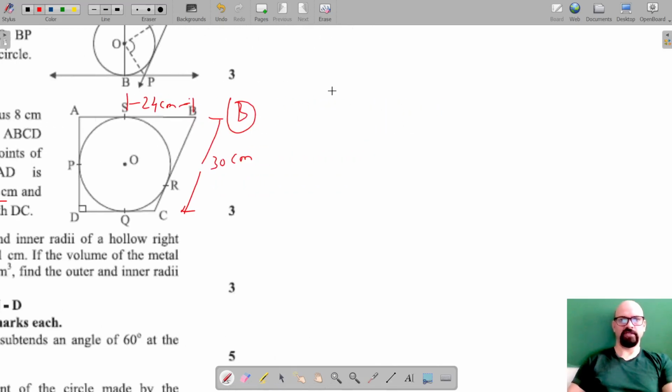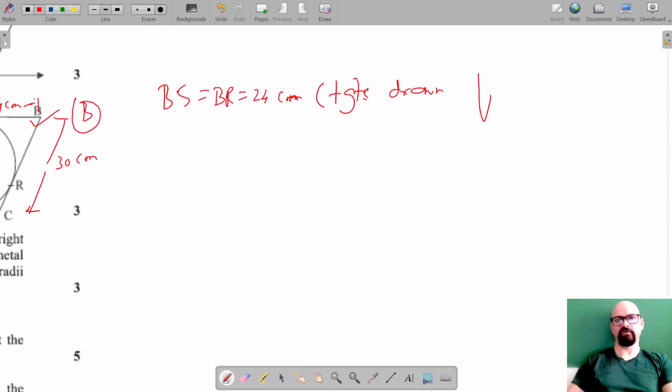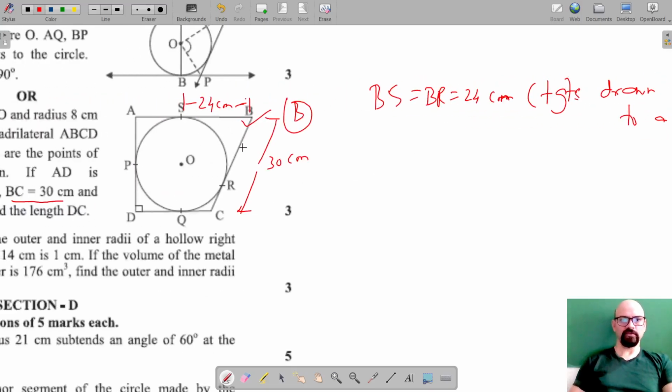Now BS and BR are equal, so BS is equal to BR is equal to 24 centimeters. The reason being, these are tangents drawn from an external point B, and we know that tangents drawn from an external point to a circle are equal.